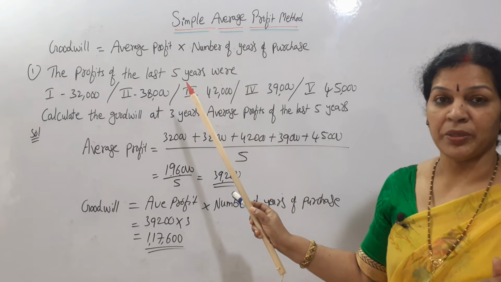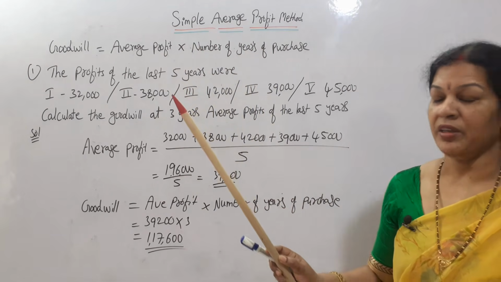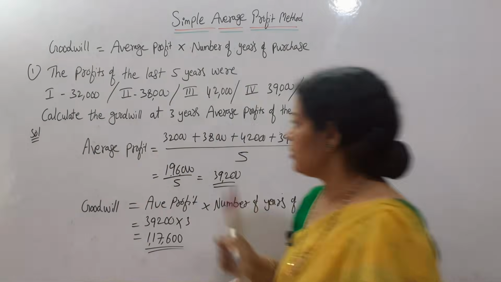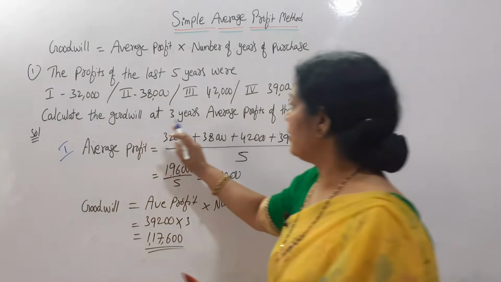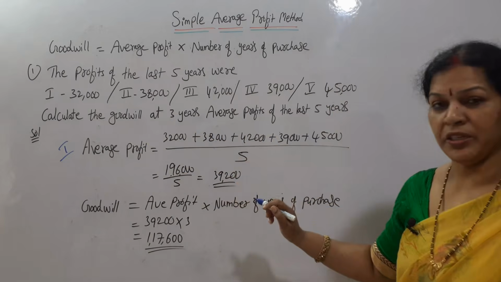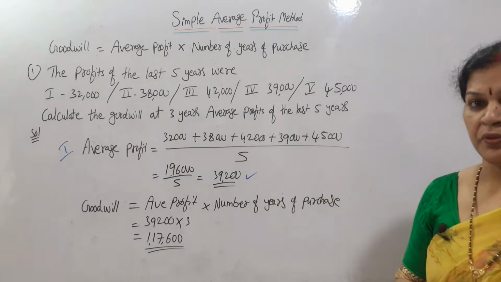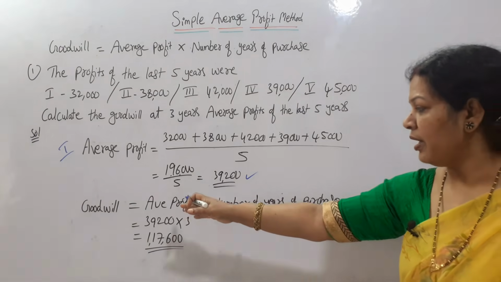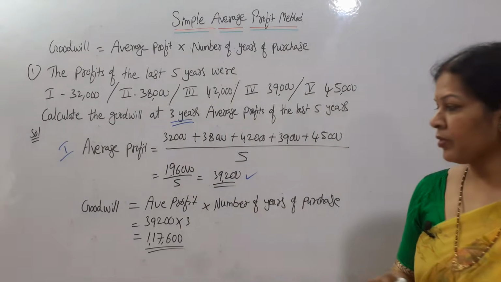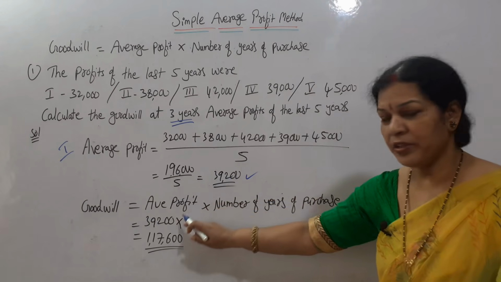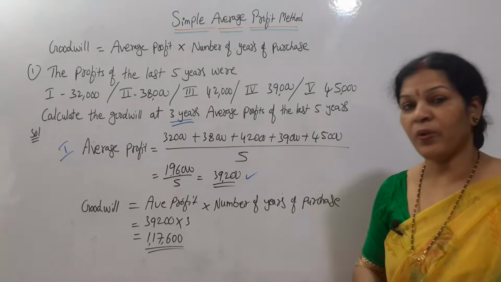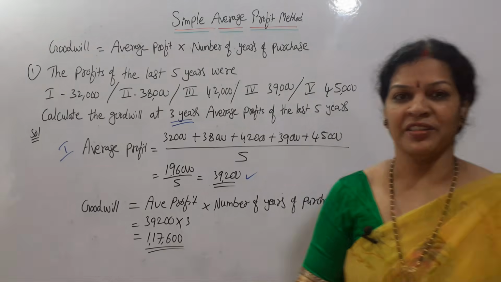For average profit, first total up all the profits, divide by 5, and you got 39,200. Once you get it, write the formula: average profit into number of years purchased, which is here 3 years. If you multiply, you get 1,17,600. That's it. Am I clear?